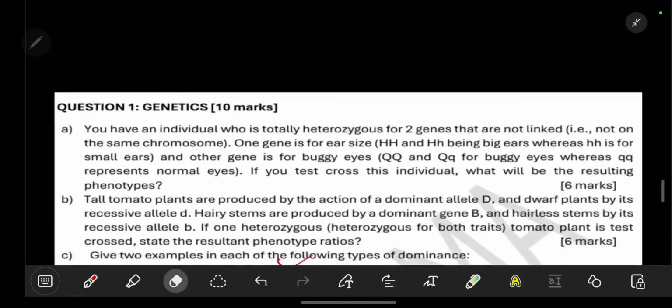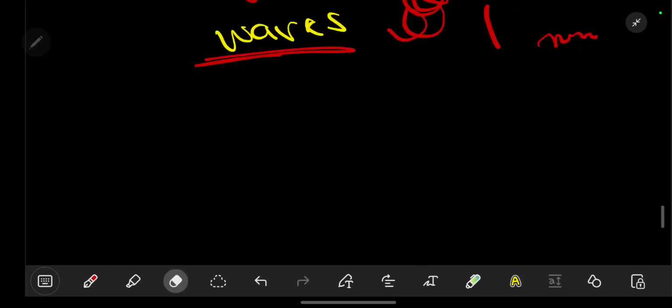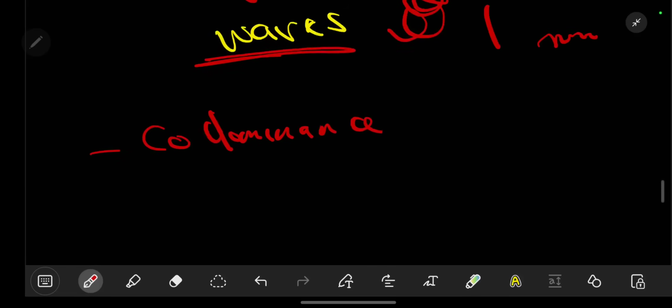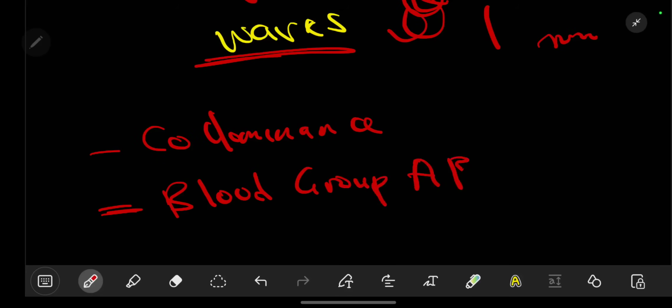For codominance, we can have something like blood group AB, where both A and B show.